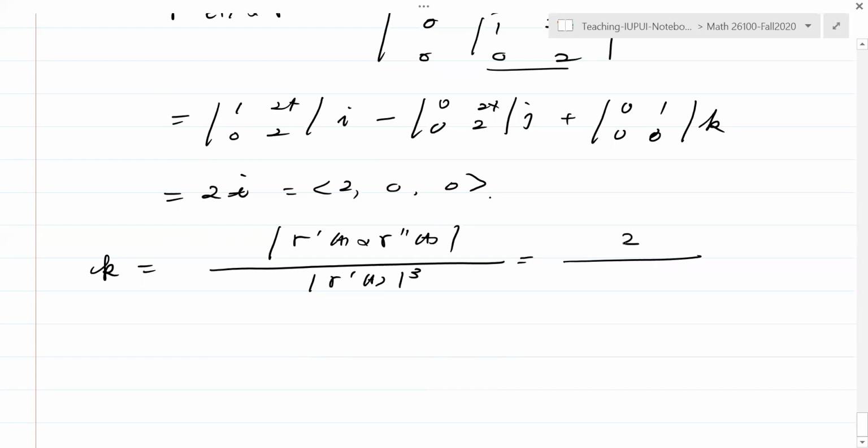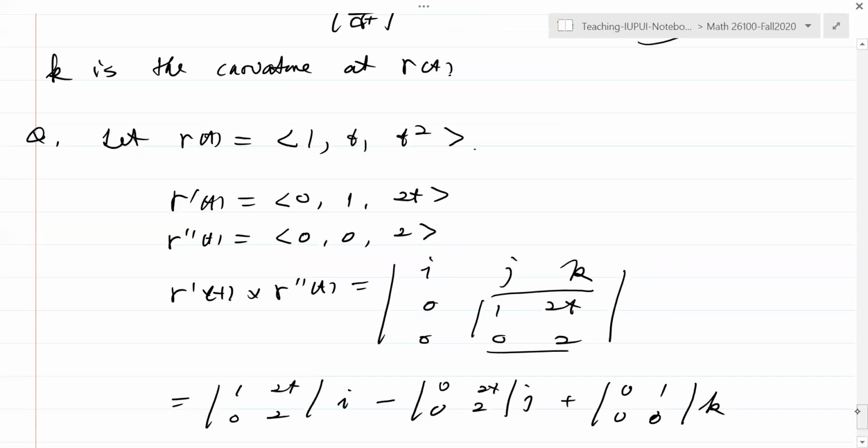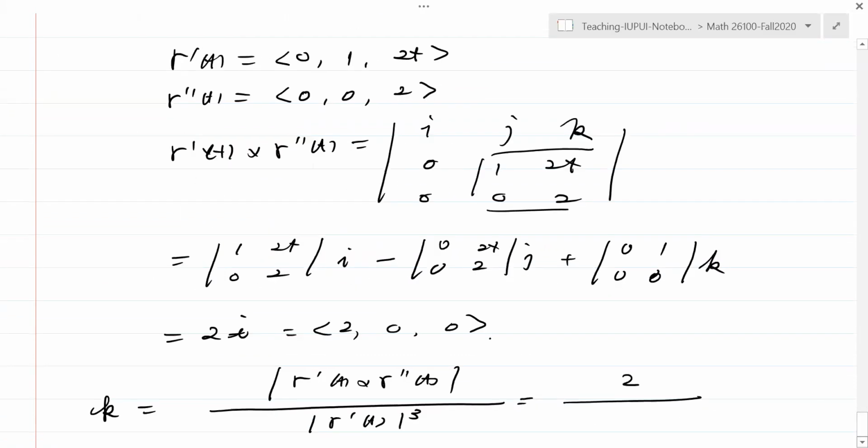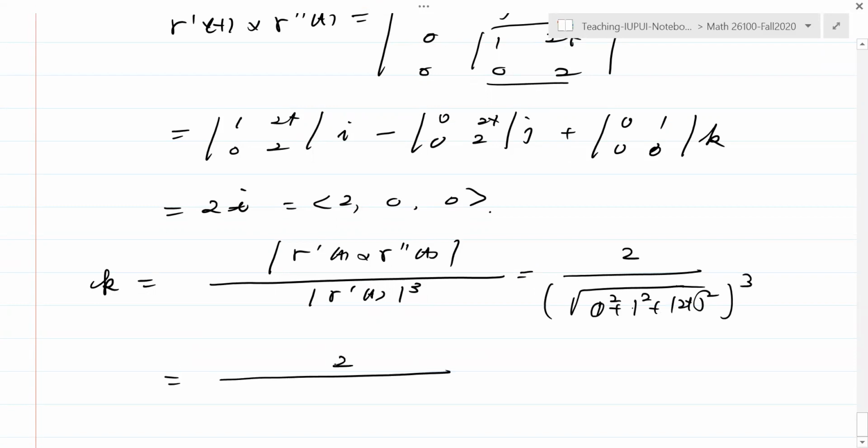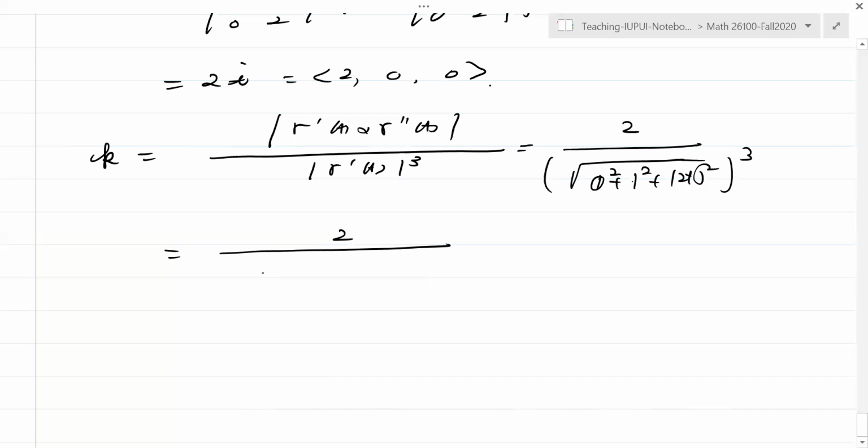For the denominator, I look at r prime: the square root of 0 squared plus 1 squared plus 2t squared, all cubed. I cannot simplify further, so I express it in this form.